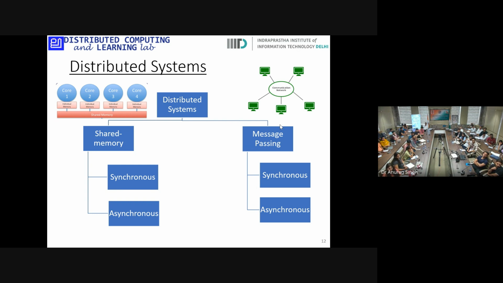That is called the asynchronous model of distributed computing. Asynchrony can apply to both shared memory and distributed memory. In shared memory, cores can have different speeds. In a message passing setting, different nodes can work at different speeds and do their work independently. Everyone fine with what I'm saying?